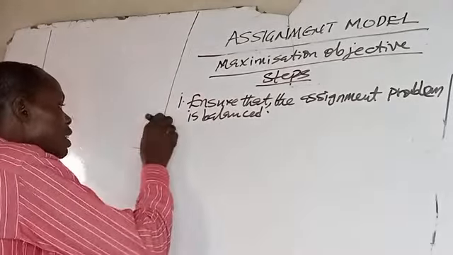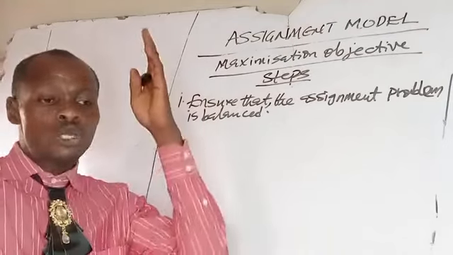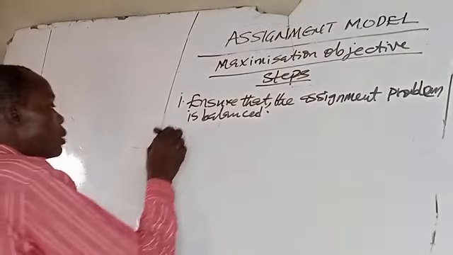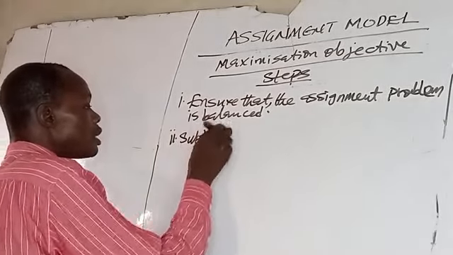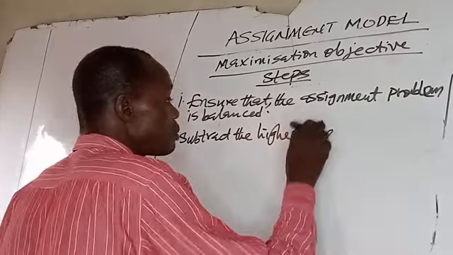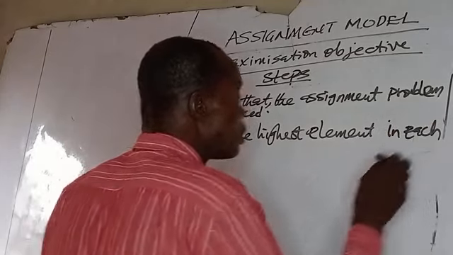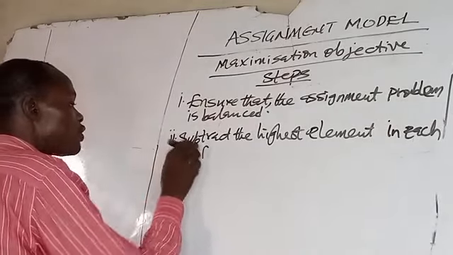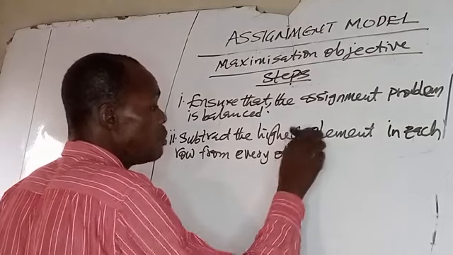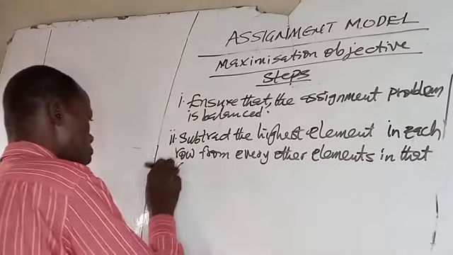Step number 2. Subtract the highest element in each row from every other element in that row.